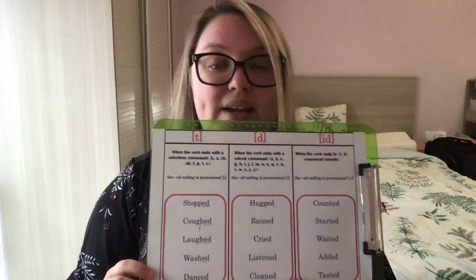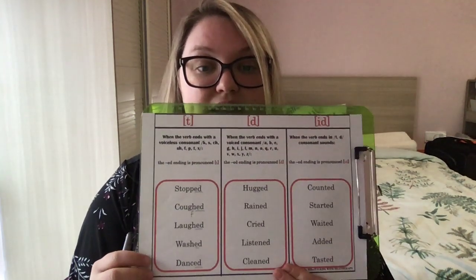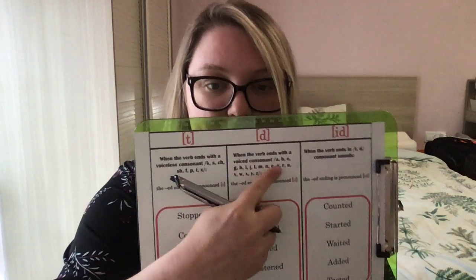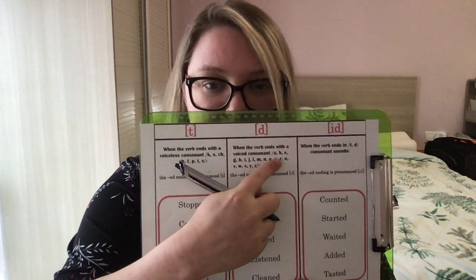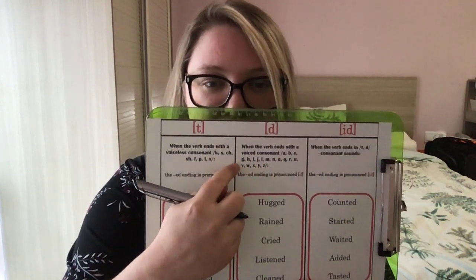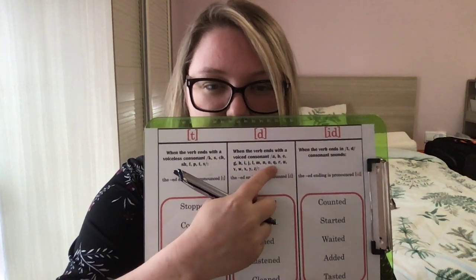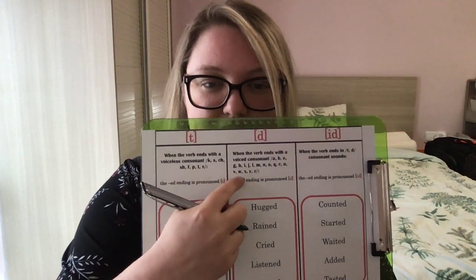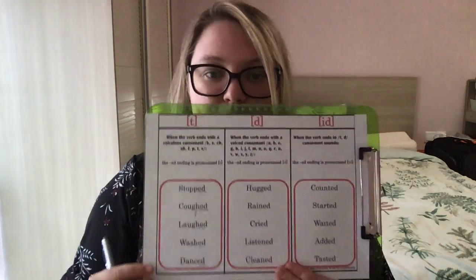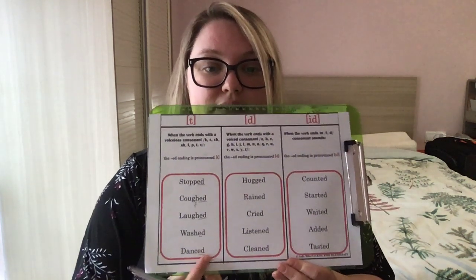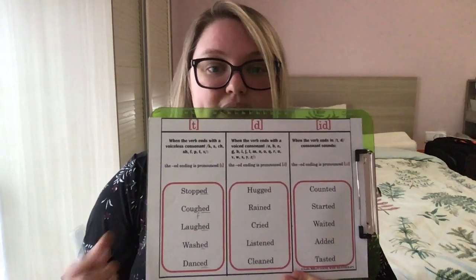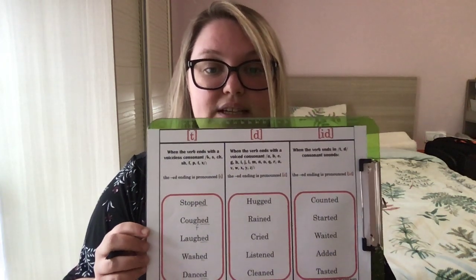The video will explain. Anything that ends in A, B, E, G, H, I, J, L, M, N, O, Q, R, U, V, W, X, Y, Z, with ED at the end, will make a D sound.